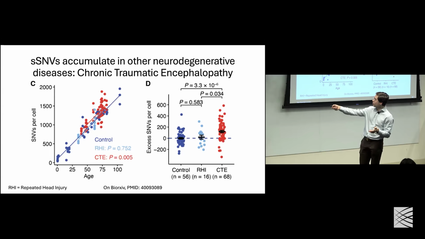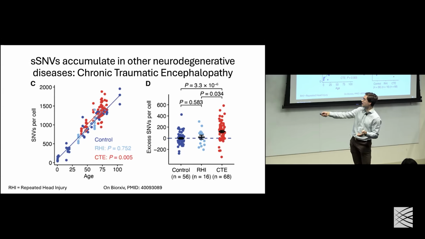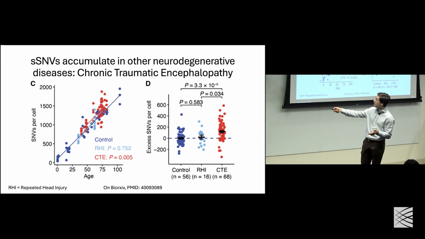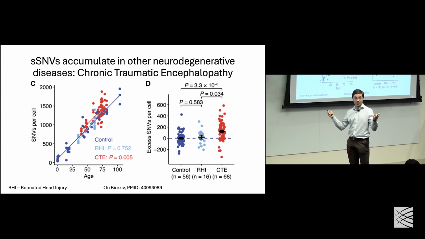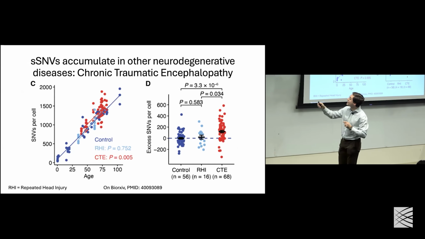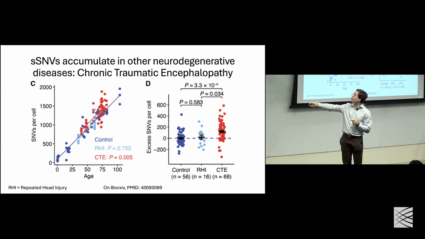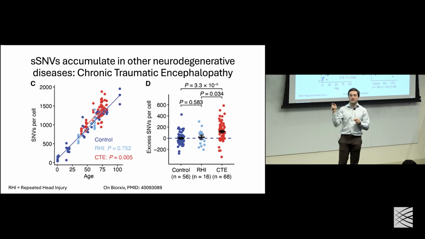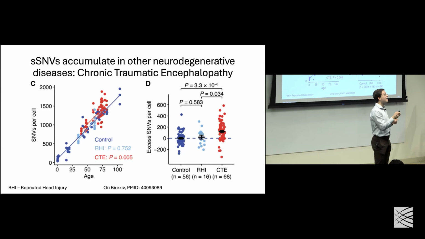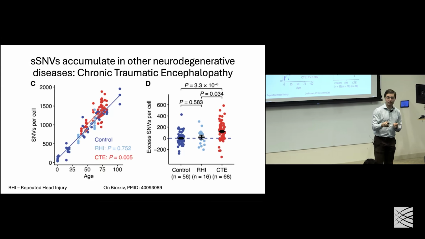We can look at control individuals, shown in the dark blue, and see a nice accumulation over time of somatic mutations. We could look at those individuals with CTE, shown in the red, and see, once again, more somatic mutations. But we can additionally look at an RHI group. These are those individuals who have repetitive head injury, but were not diagnosed with CTE.